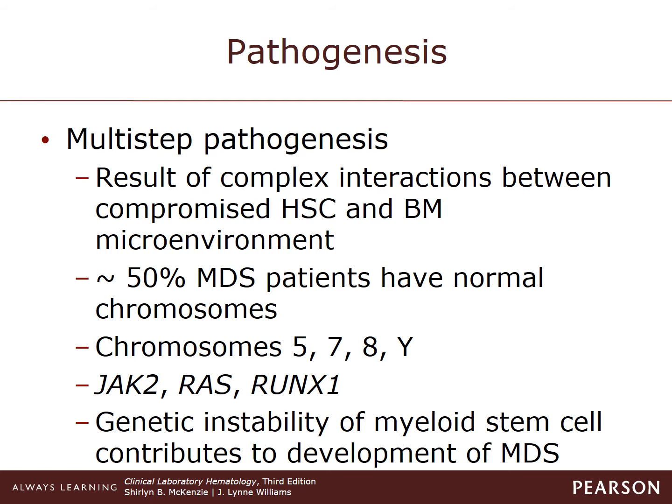The genetic instability of the stem cells contributes to the development of MDS over time. There can even be gene silencing or epigenetic changes that lead to this instability. And overall, this can also progress into an acute leukemia.